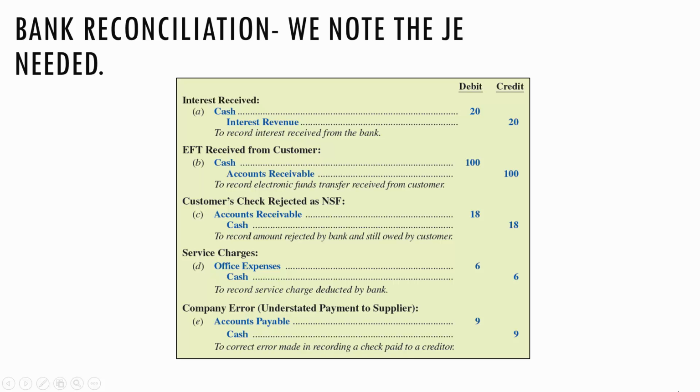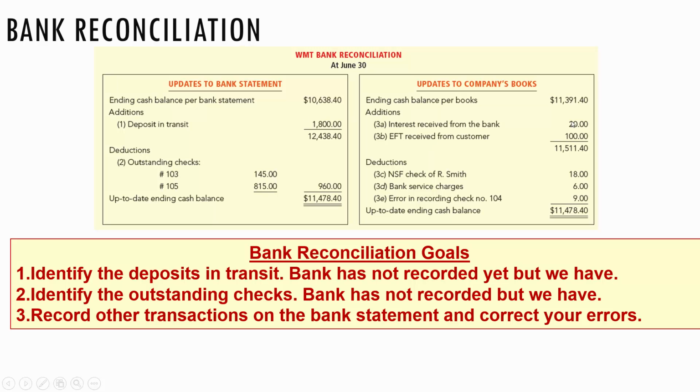So, what we need to do is go to the right side of that bank reconciliation and pick up, I'll go back to show you again, pick up all these items here, and additions are going to be debits to the cash account, deductions are going to be credits to the cash account, and for all these debits and all these credits, we're going to need to have offsets.